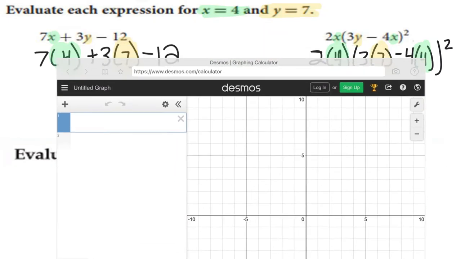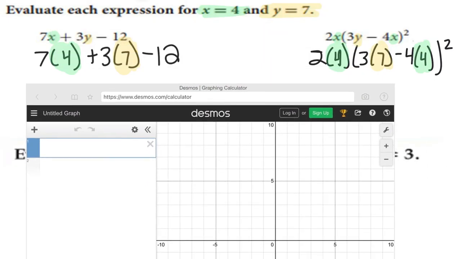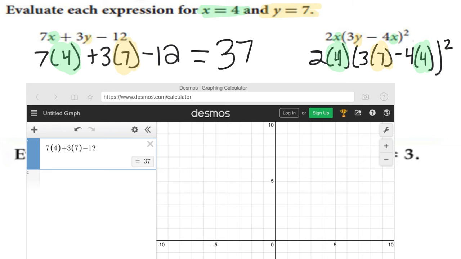So anything that was originally there has to stay, plus whatever new thing you need to put in there as well. So I'm going to do this one, 7 times 4 plus 3 times 7 minus 12. And again, it calculates that and gives me a value of 37. So this is evaluated to be 37.